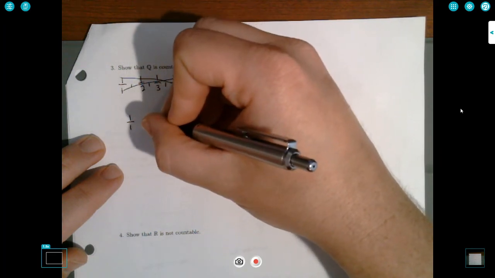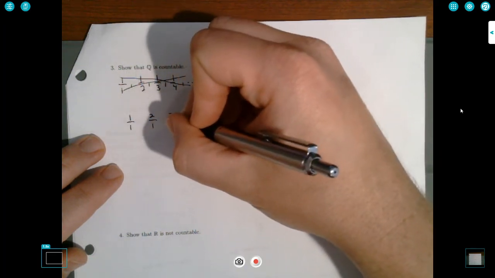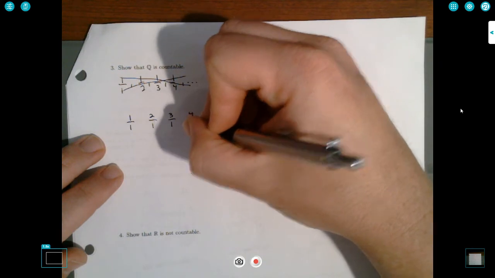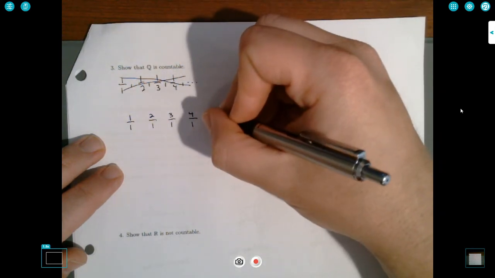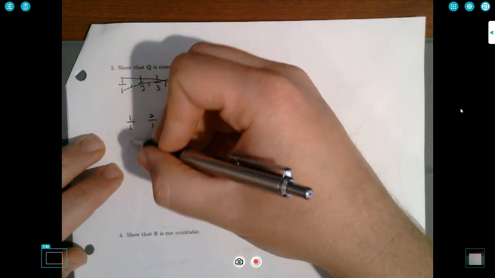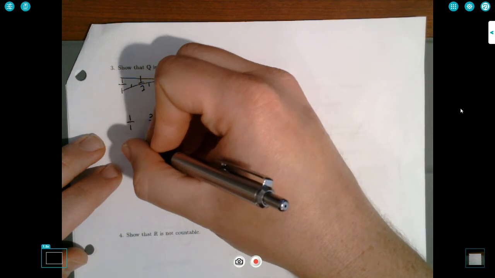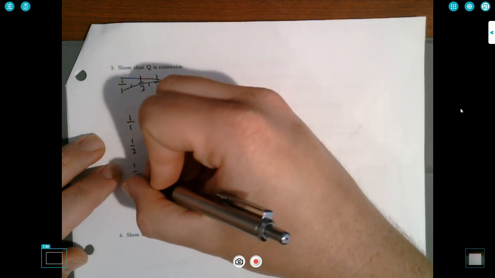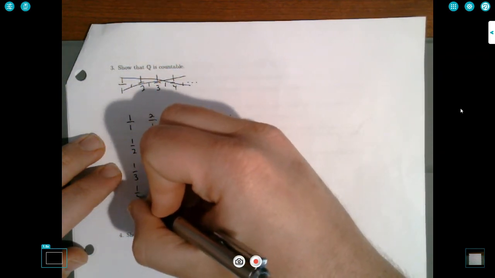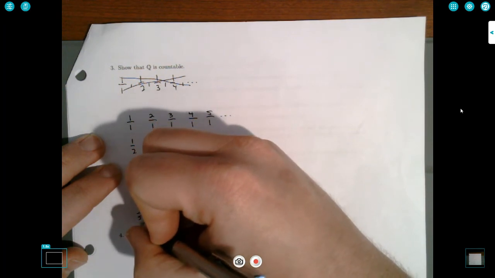So 1 over 1, 2 over 1, 3 over 1, 4 over 1, 5 over 1, and so forth. And then down the column, I'm going to change the denominator but keep the numerator the same. 1 over 2, 1 over 3, 1 over 4, 1 over 5, and so forth.